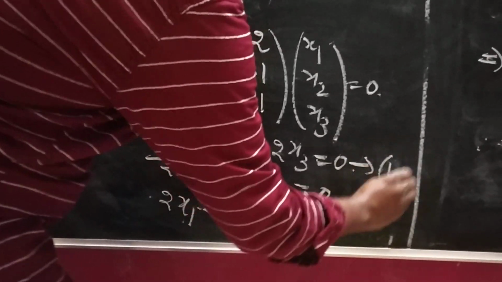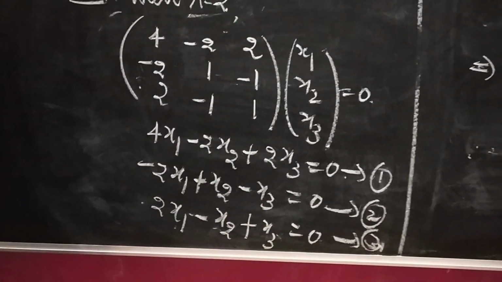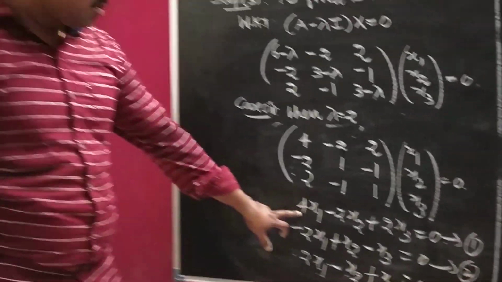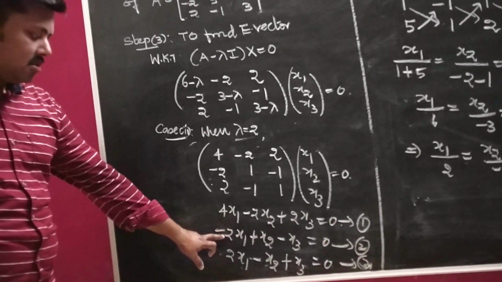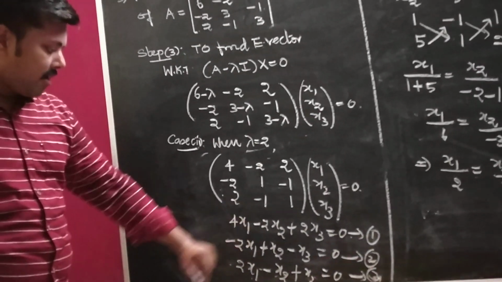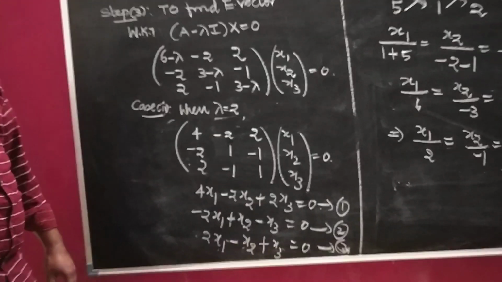So let it be equation 1, 2, 3. Equation 1 throughout divided by 2, we get 2x1 minus x2 plus x3. In equation 2 throughout divided by minus 1, we get 2x1 minus x2 plus x3.